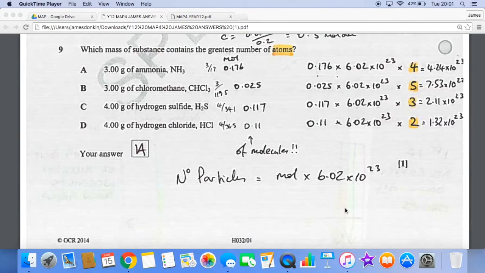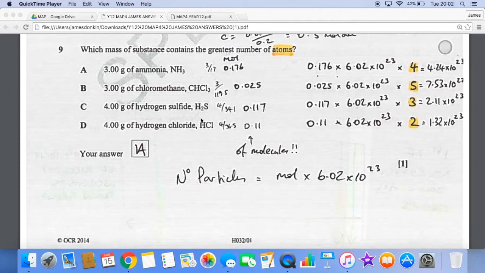Which mass of substance contains the greatest number of atoms? We've got 3 grams of ammonia, 3 grams of chloromethane, 4 grams of hydrogen sulfide, 4 grams of hydrogen chloride. You can see I've done mass over Mr for all of those, and that's how many moles we've got of everything. Now these are the moles of the molecules.